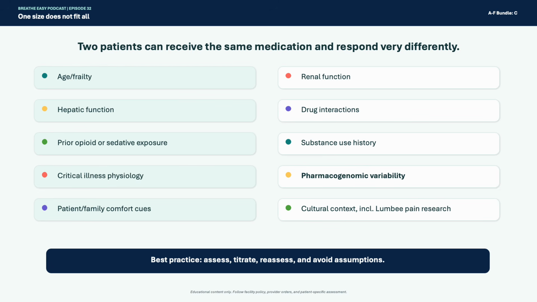Then the human layer, family comfort cues, cultural context, including pain research closer to home that's been done at UNC Chapel Hill. That is a reason to individualize, never a reason to assume something about a patient. None of that is a reason to guess. It's a reason to assess, titrate, and reassess.